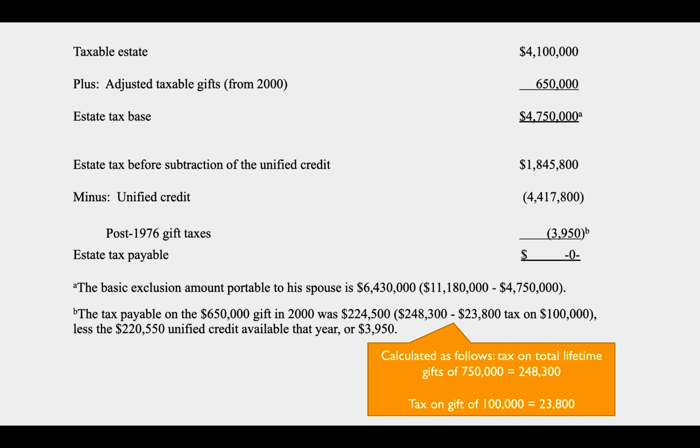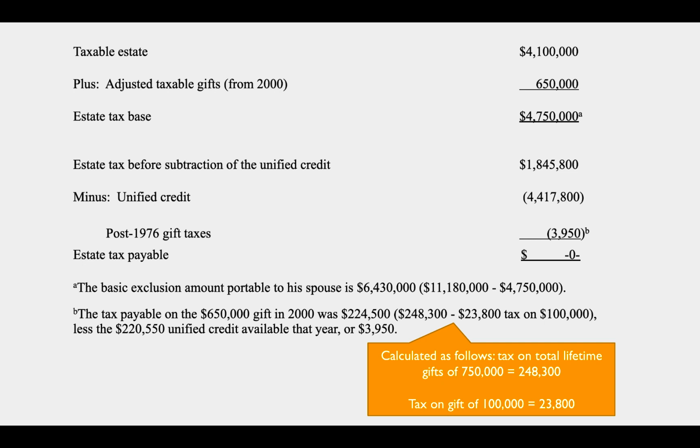And there's also some portability, and you can see in footnote A, that's calculated by looking at the estate tax base of $4,750,000, and I subtract that from the basic exclusion amount, the $11,180,000. That's each spouse's exclusion added together, right?